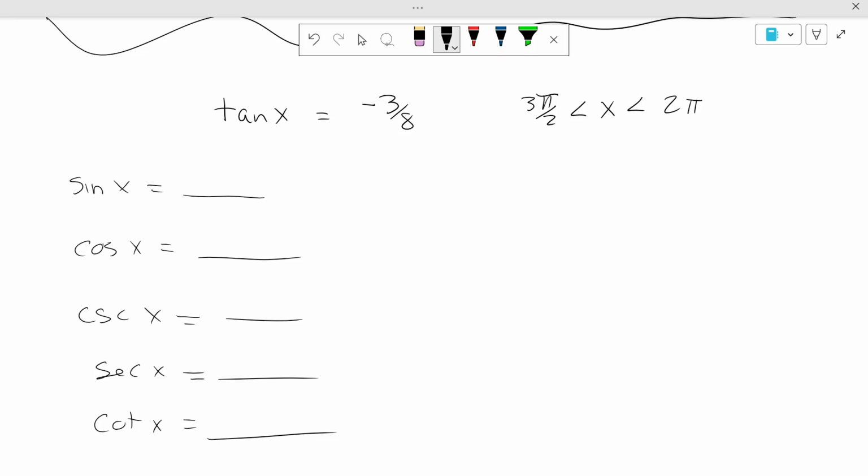This seems like forever ago, doesn't it? Yeah, and it's only one section ago. Section 3.1, because we just finished 3.2.